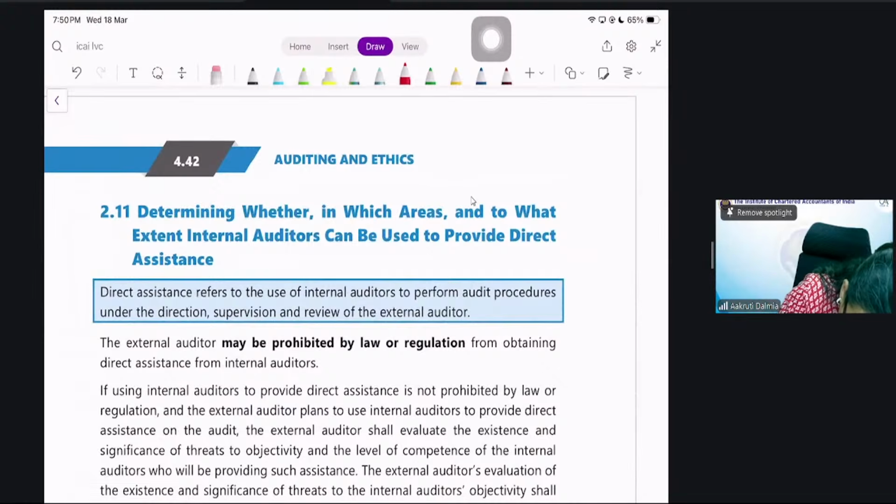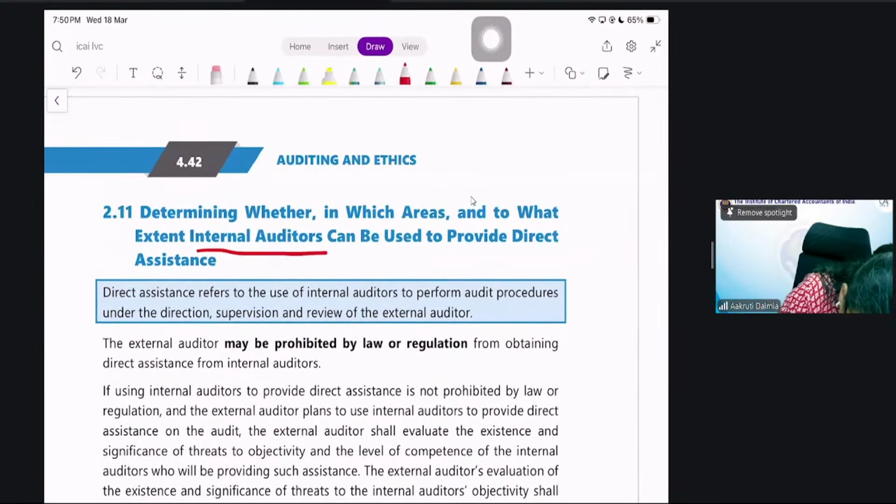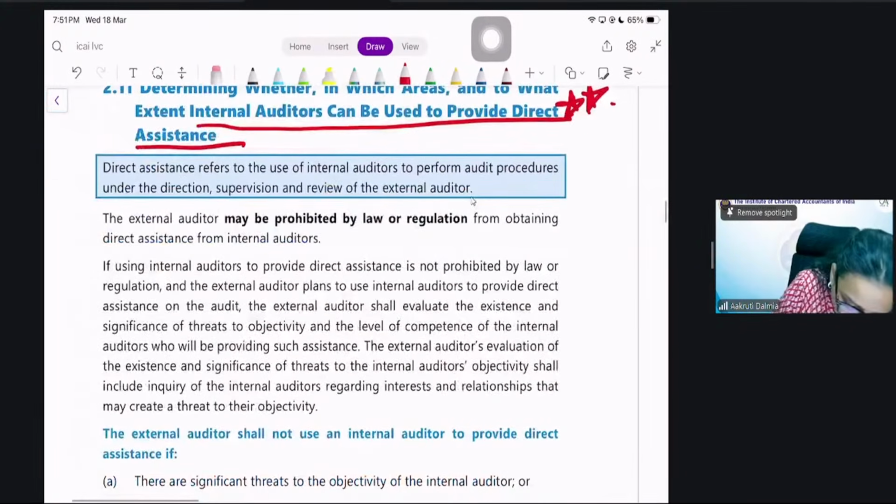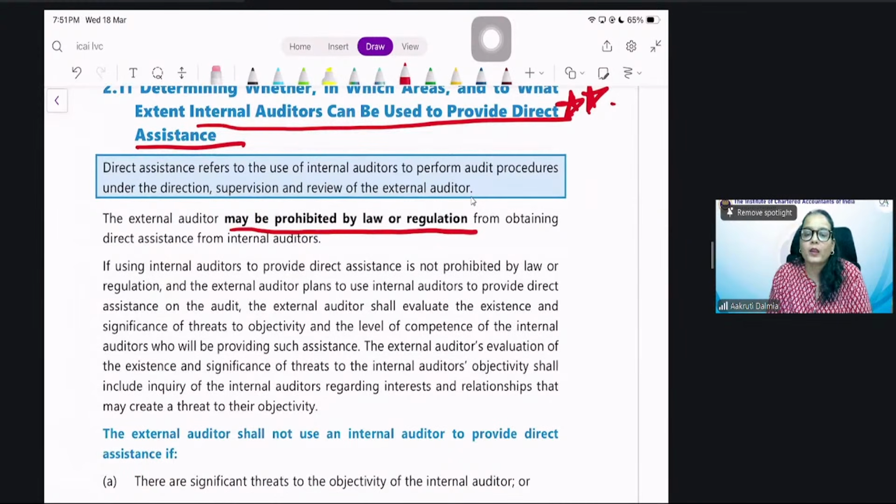Determining whether, in which areas and to what extent internal auditors can be used to provide direct assistance. When can you use internal auditors to give direct assistance? Mostly, please remember, if it is prohibited by law, if the Companies Act says that you cannot use direct assistance, then can SA 610 overpower the Companies Act?